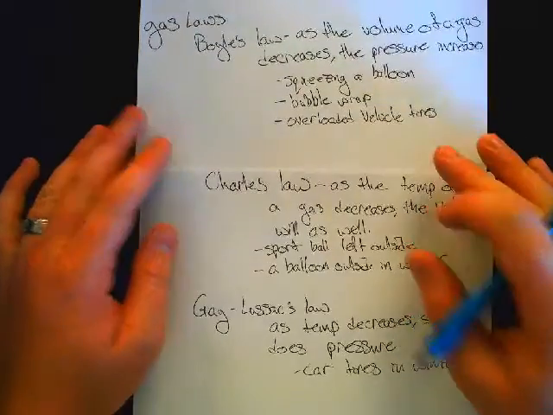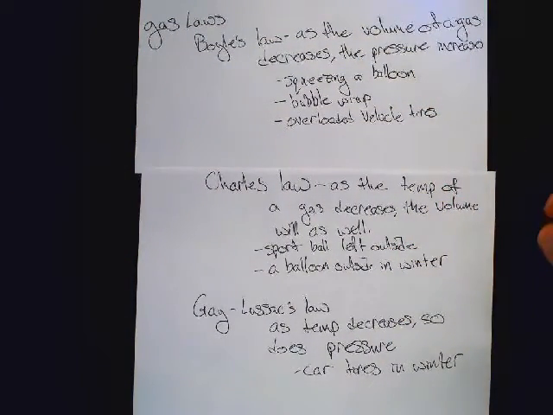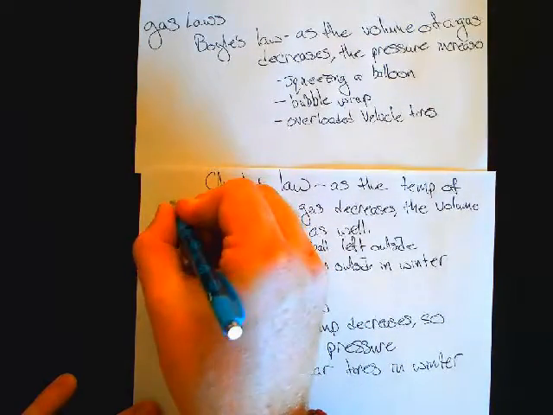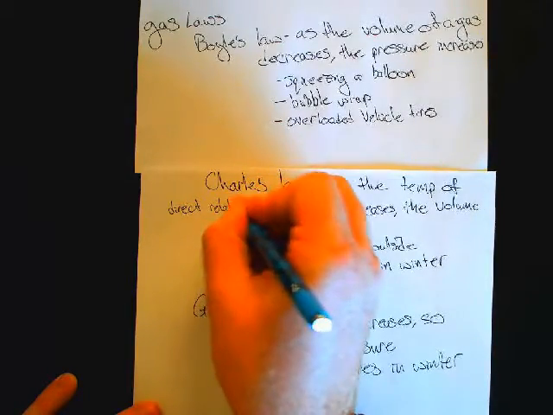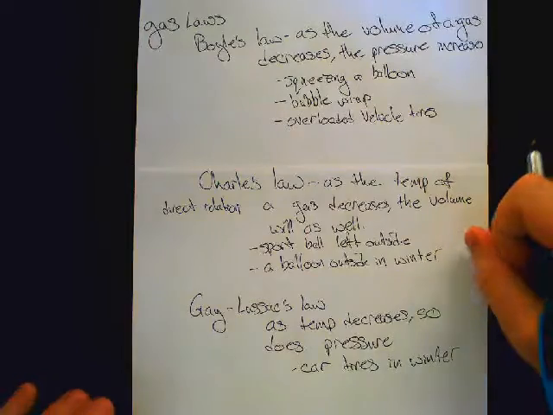So looking at these three laws, I want to know which of these laws has a direct relationship between the variables. Charles' law. As one decreases, the other also decreases. So this is a direct relationship. Do any of the others have a direct relation?